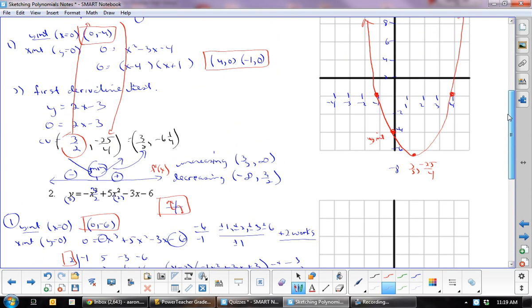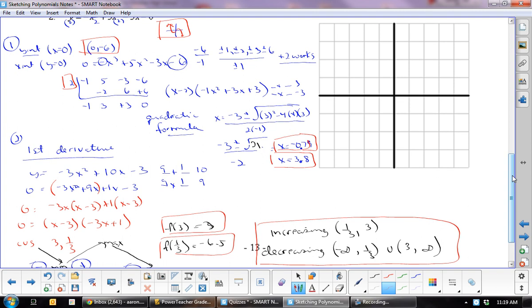Make sure I'm starting here, ending here. I have got 0, negative 6 as my y int, right? So I'm going to go negative 2, negative 4, negative 6. So that's my y int.